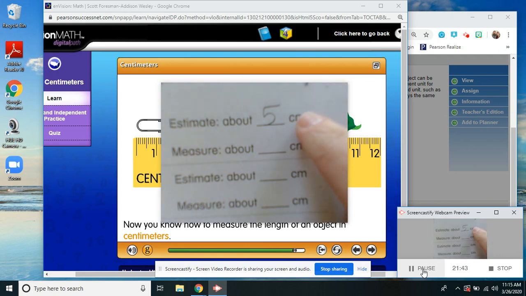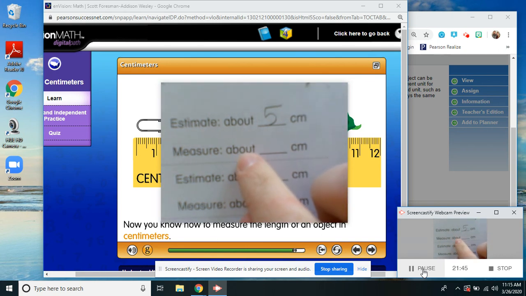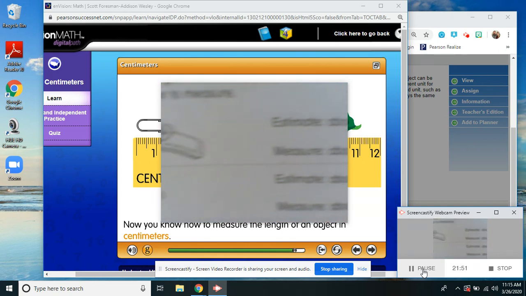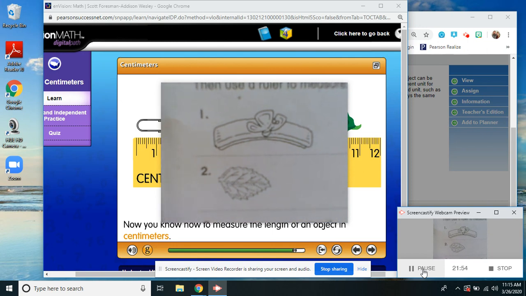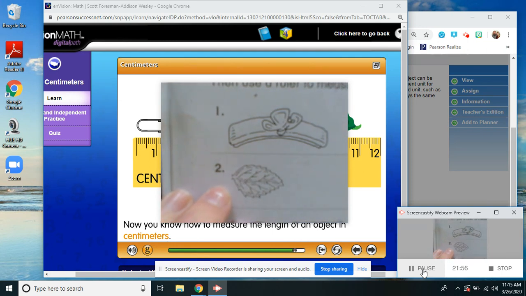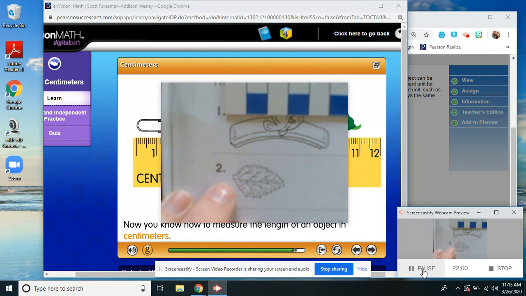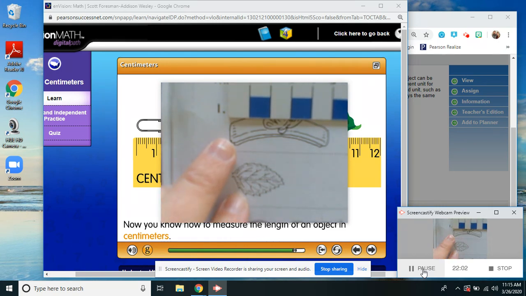Please put this down before you measure it. I want you to estimate before you measure. Okay, so now I need to measure this. You need your ruler. So please line up your ruler to the end of this barrette and let's count.